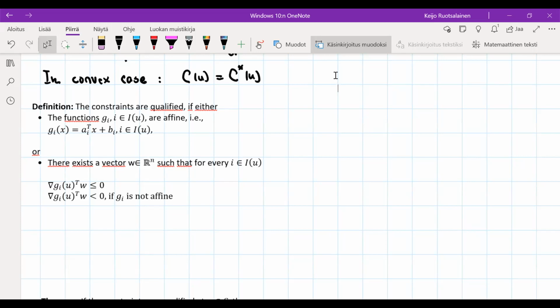And if the function is not affine, the scalar product can be negative. In convex case, this is for sure. We have, in convex case, like this. If we take an active constraint, this is not anymore an affine function.